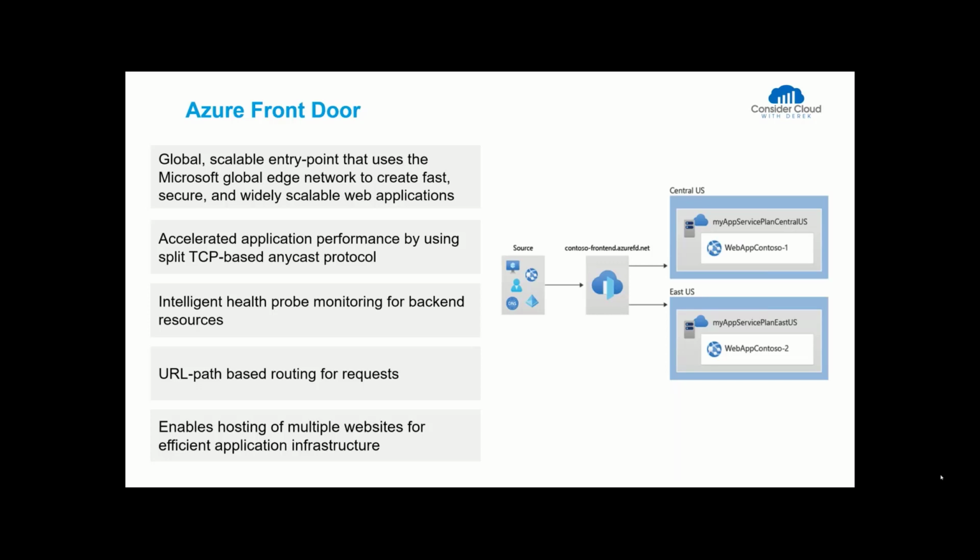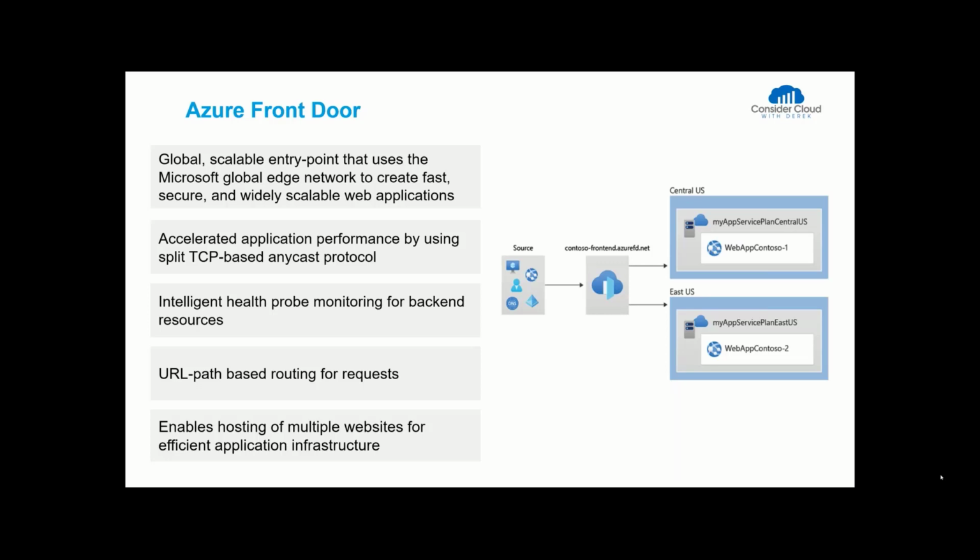Now, an application backend could be really any internet-facing service, right? It could be a virtual machine, a web application, a function, a Kubernetes cluster, a container, right? It really doesn't matter. As long as it's internet-facing, it can touch it.